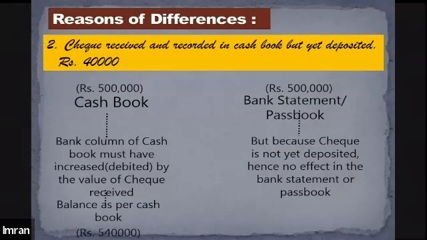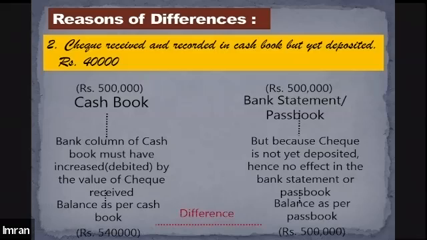Eventually, at the end of the month, the balance as per cash book will be 5,40,000 because we have added 40,000 to it. On the other hand, the bank passbook will still reflect the same balance, which is 5 lakh. And this is the cause of the difference, which requires us to prepare the bank reconciliation statement.